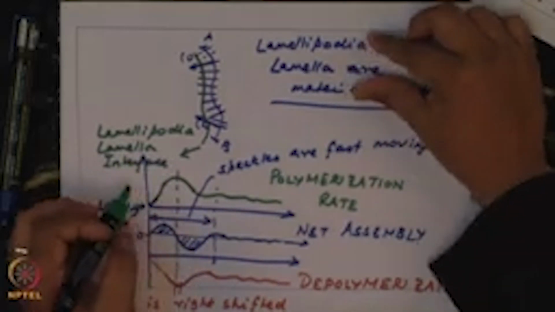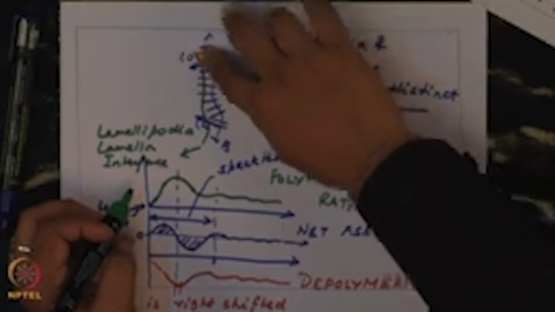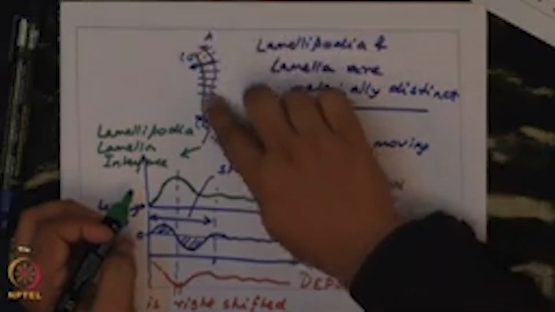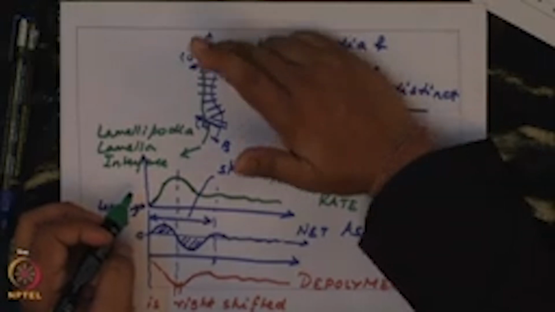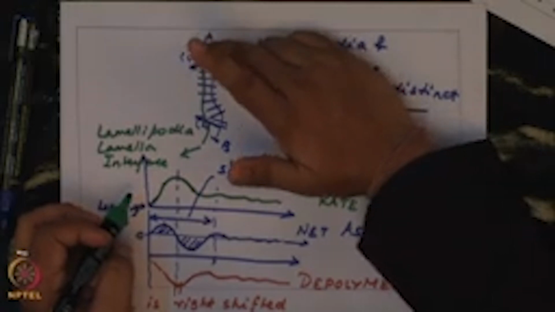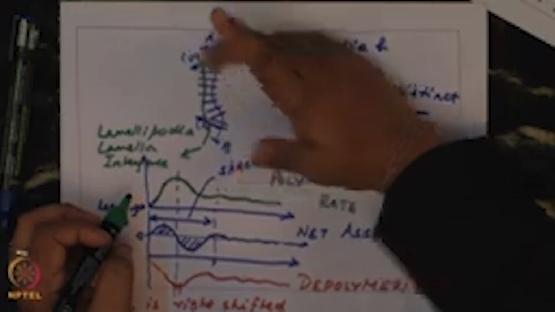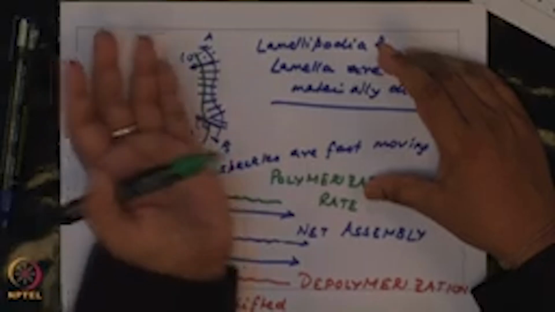If these two networks are materially distinct, then within this first layer, the lamellipodia, the monomers required for polymerization come from the depolymerization of filaments in the depolymerization zone within the lamellipodia. So there is no monomer transport from the lamella to the lamellipodia.